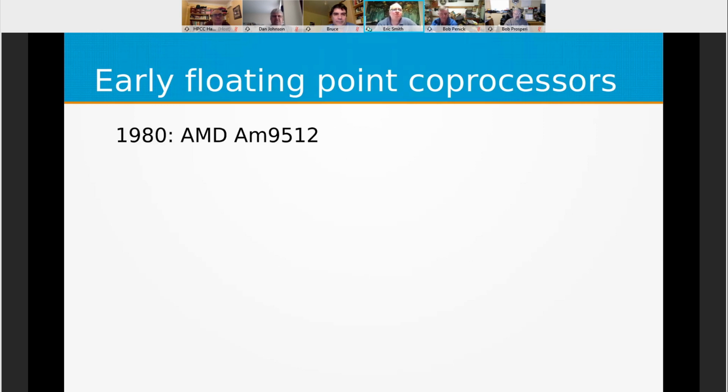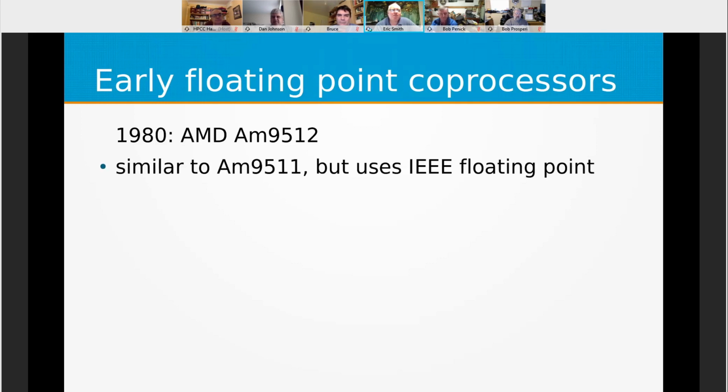So 2 years later, AMD introduced another chip, the 9512. Now, as I mentioned, the IEEE standard was not actually ratified until 1985, but the 9512 chip used the draft IEEE standard as well, because even in 1980, it was obvious that the world was going to go to IEEE floating point.